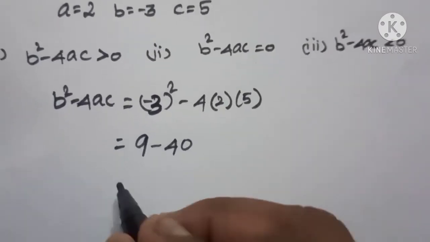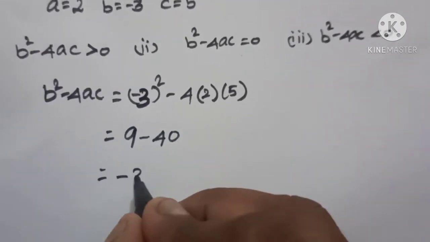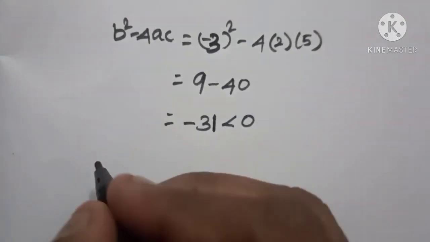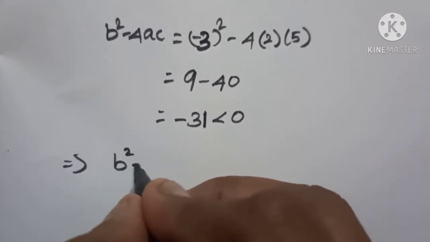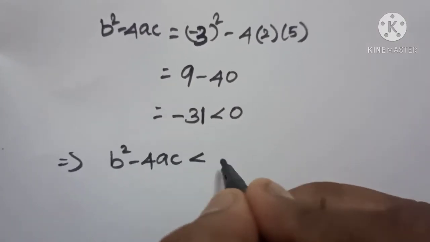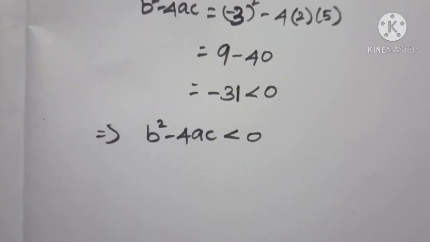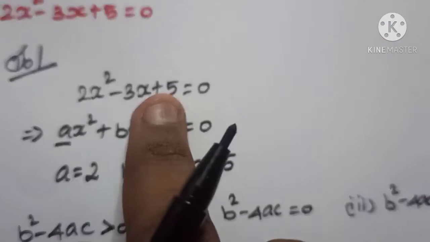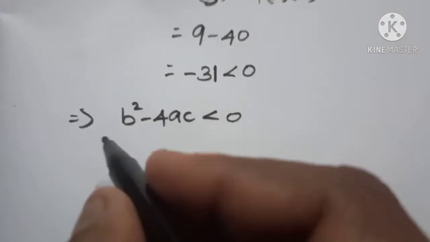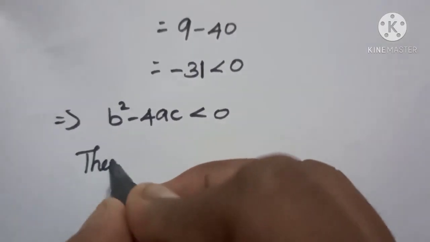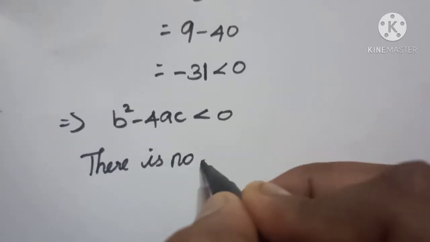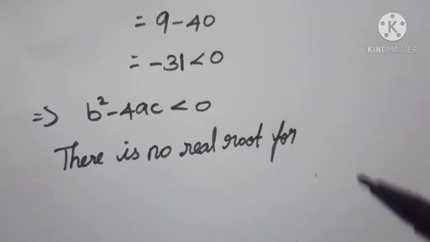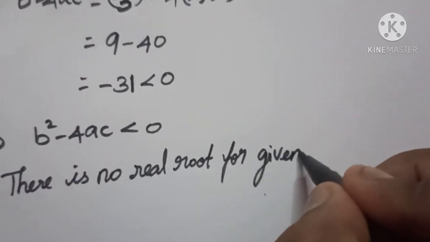So 9 minus 40 is equal to minus 31. So this is less than 0, which implies that b square minus 4ac is less than 0. If the discriminant becomes less than 0, it means the given expression has no real root. There is no real root for the given expression.